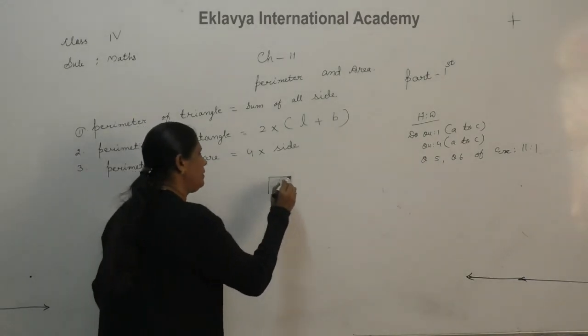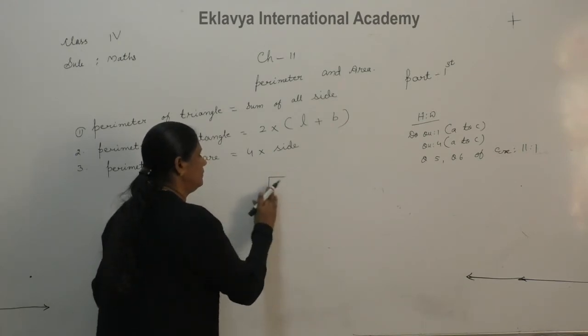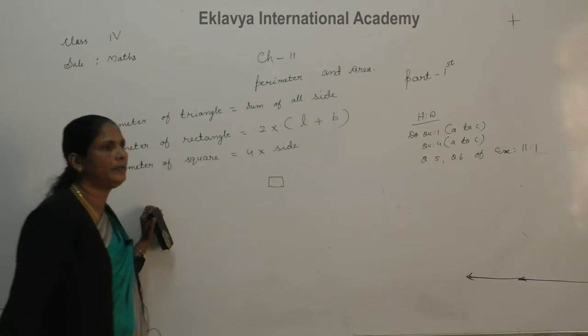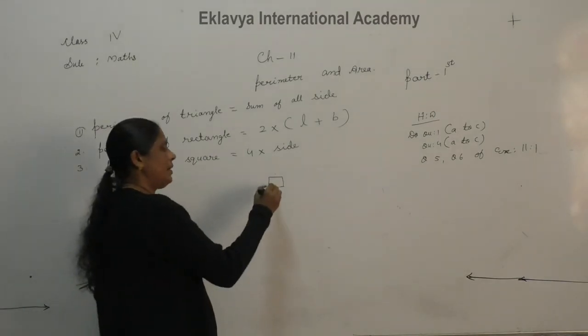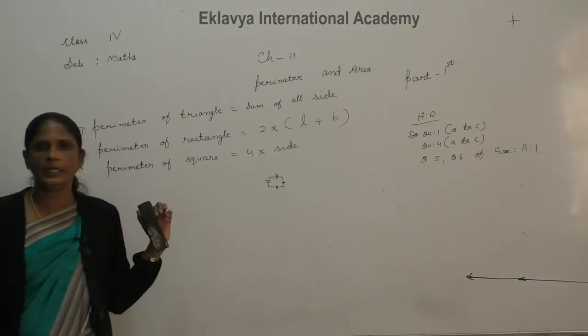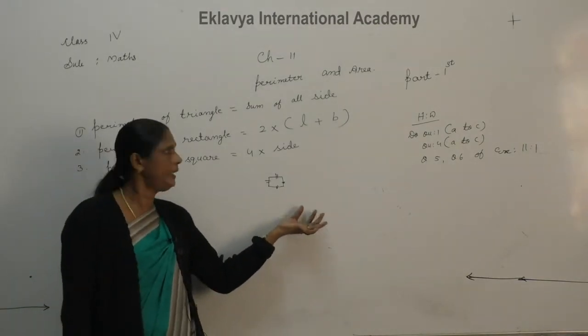This is a square. In a square, all sides are equal.